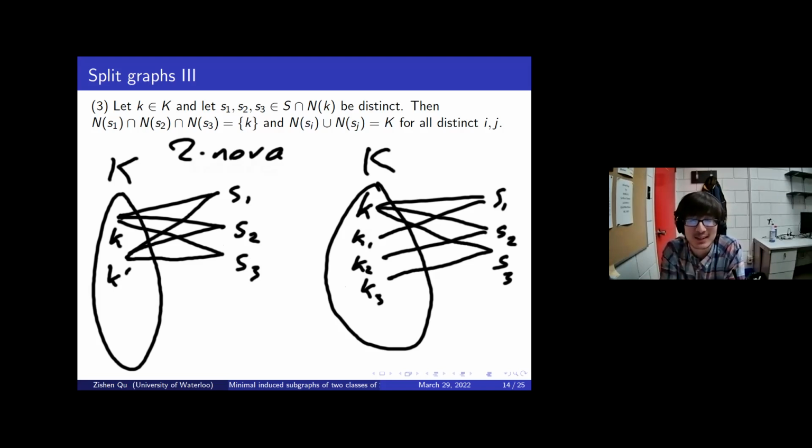Now, without loss of generality, say K1 is adjacent to S1, K2 is adjacent to S2, K3 is adjacent to S3. They might not all be distinct; I'll just gloss over that detail for now. So let's try to prove the second part.